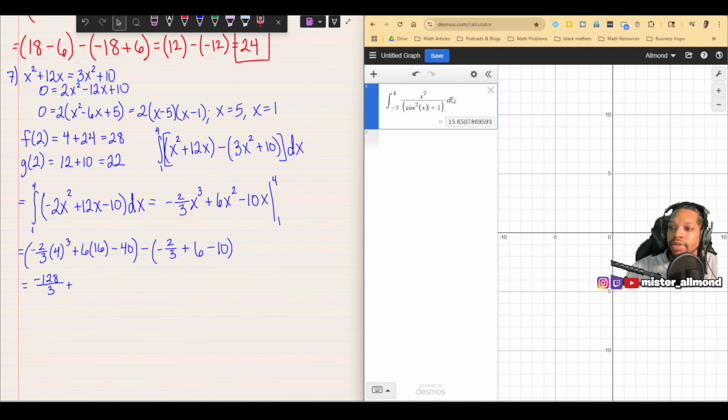All right, so all of that is going to be subtracted from, let's just type it in, negative 2/3, then plus 6 and then minus 10. Put that as a fraction. That is negative 14 over 3. All right, let's calculate.